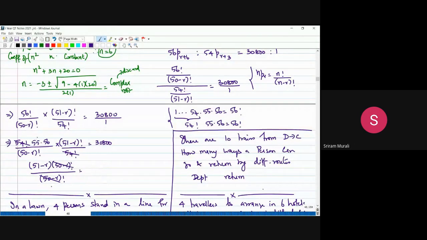Then these two can be eliminated. It is 10 times. 10 by 1. Now I take 51 factorial. In 51 factorial, largest is taken. Adjust largest to the smallest. The smallest is 50 minus r factorial into 51 minus r.